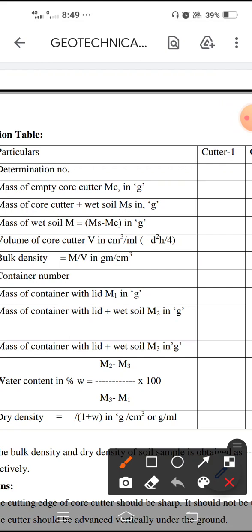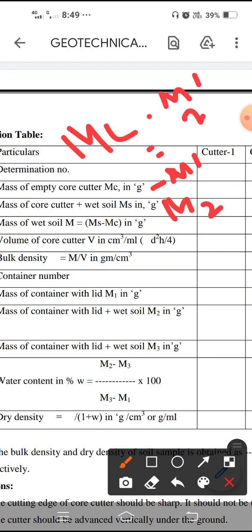Then the mass of wet soil is M2 minus M1, that is equal to M.